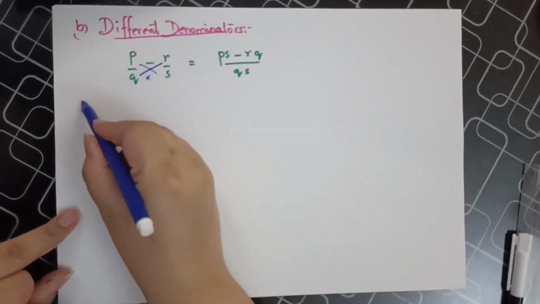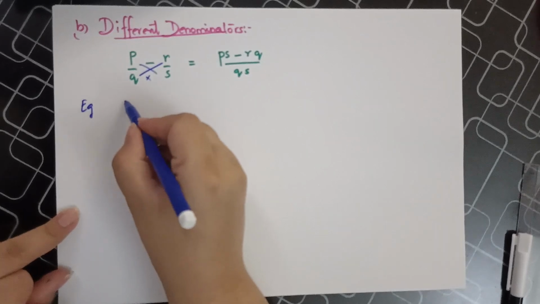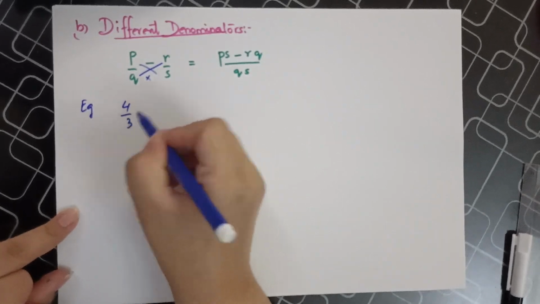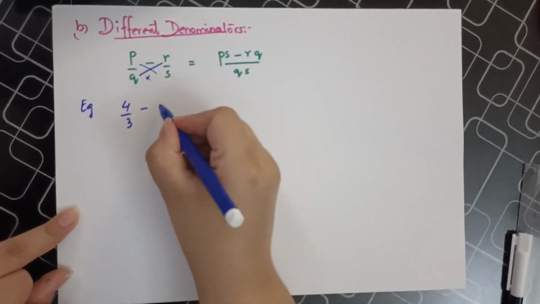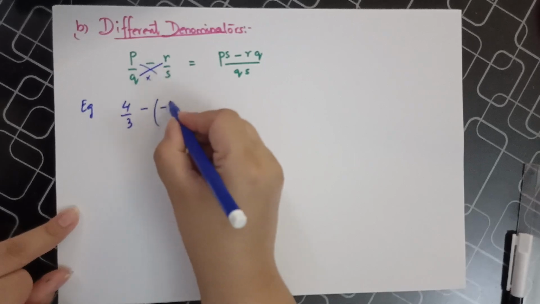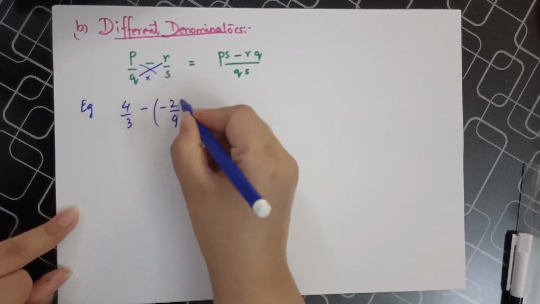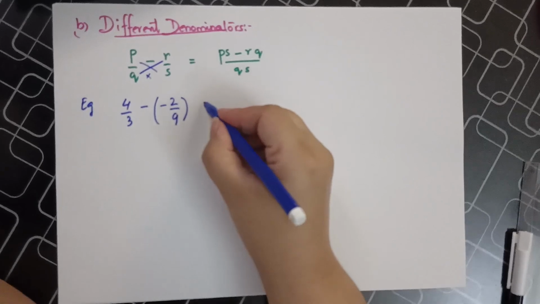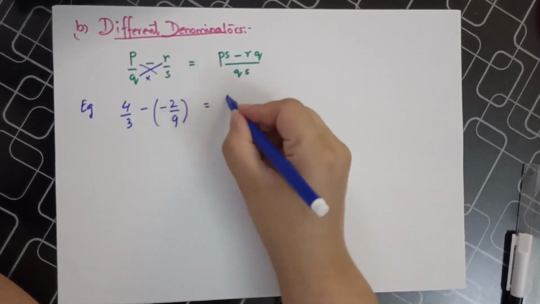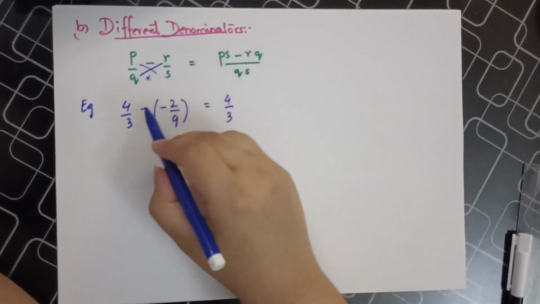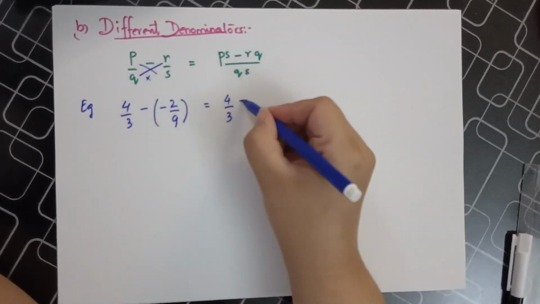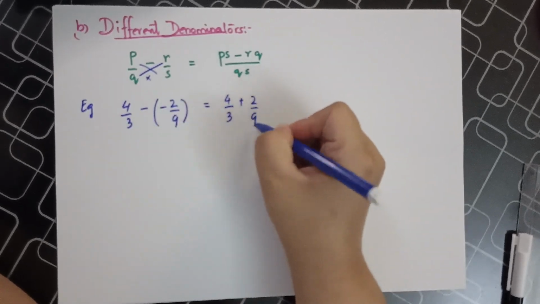Let's have an example: 4 upon 3 minus 2 upon 9. First of all, you open it and it's minus plus 2 upon 9.